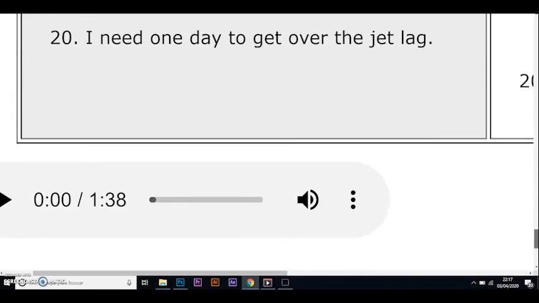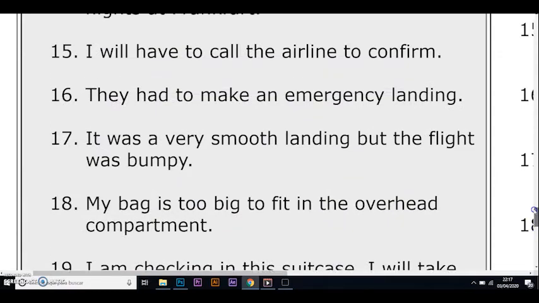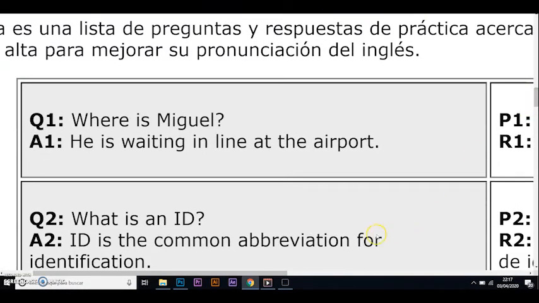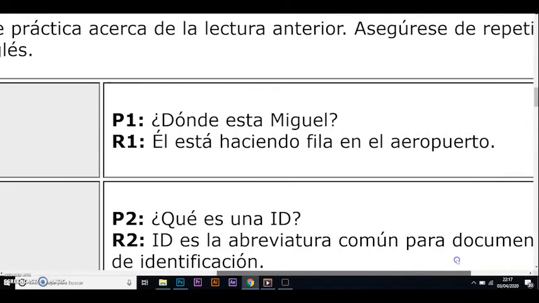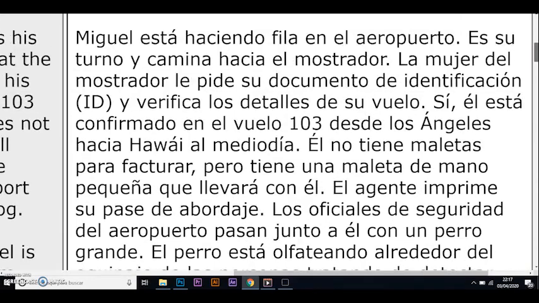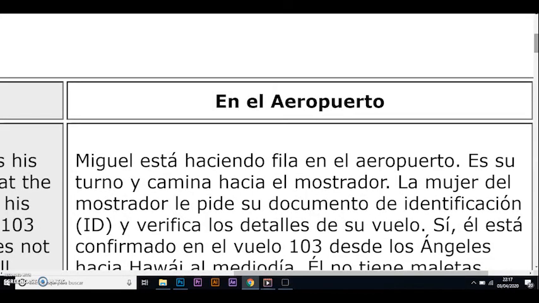I recommend you continue reading, and you have here all the things in English and all the things in Spanish. If you don't understand a word, you can search for it in the Spanish version that you have next to the story.